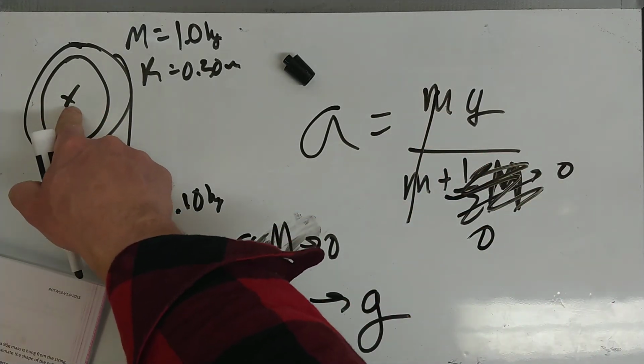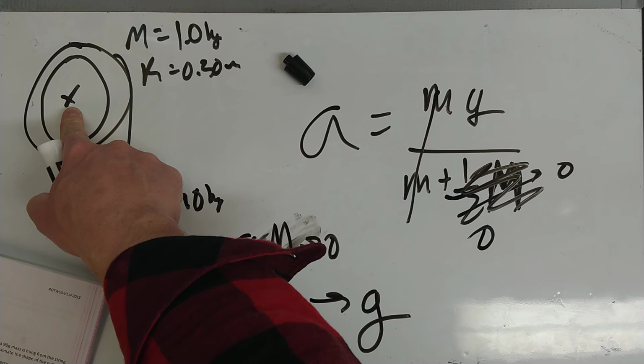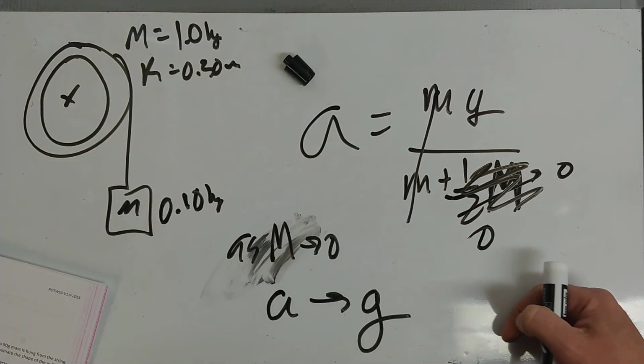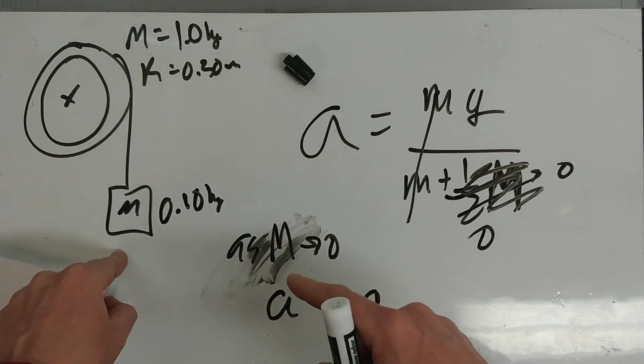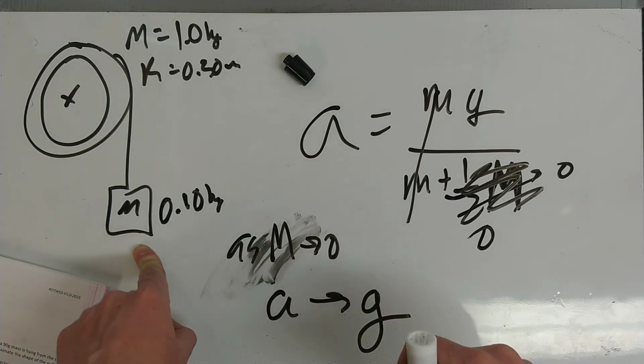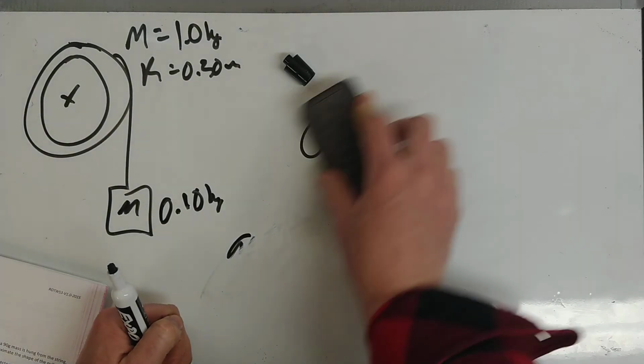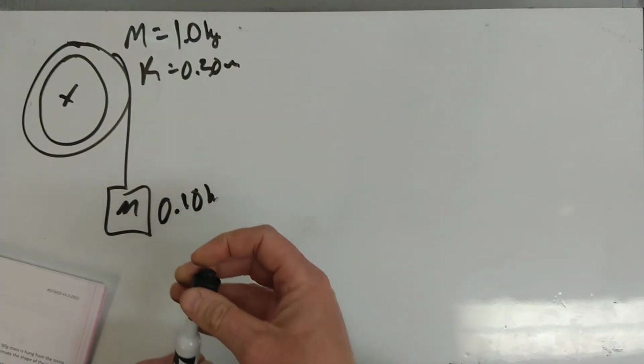So the smaller the mass here, the closer this gets to free fall. The bigger the difference between these two masses, in terms of this one being bigger, the closer the acceleration gets to gravity. So it can never be bigger than gravity, 9.8 meters per second squared.